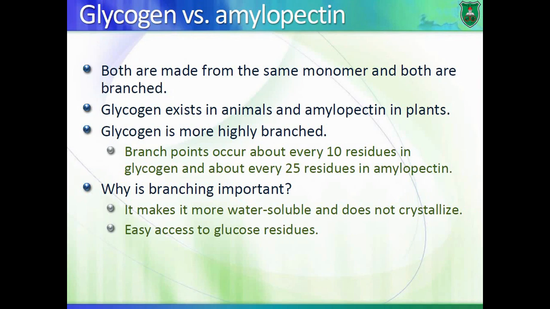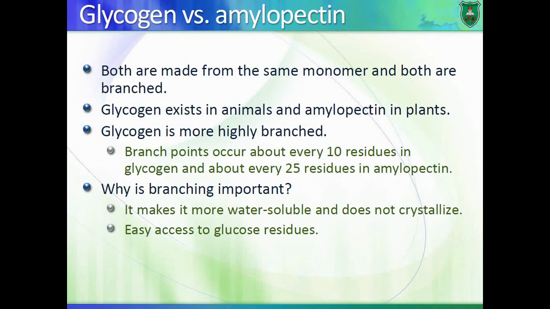Glycogen exists in the animal cell, whereas amylopectin is in plants, but we can digest it once we obtain it through diet. Glycogen is much more highly branched than amylopectin. As I said before, branching happens every 10 residues, whereas it happens around every 25 residues in amylopectin.